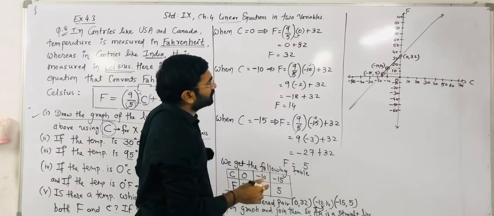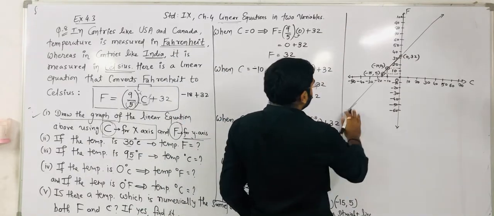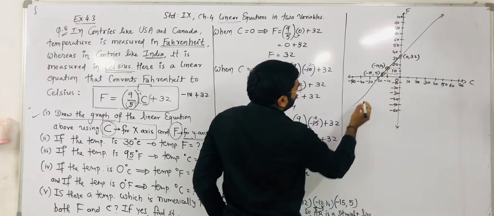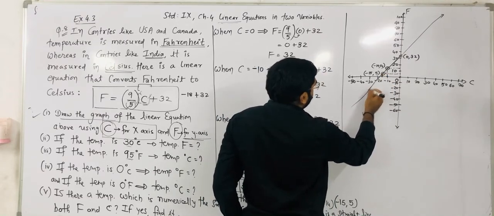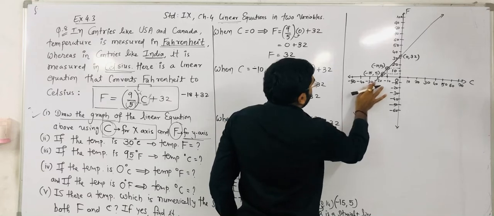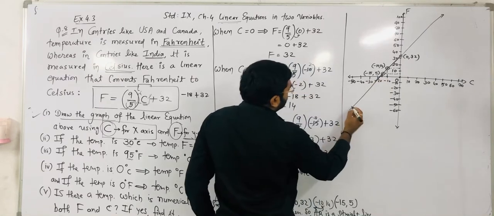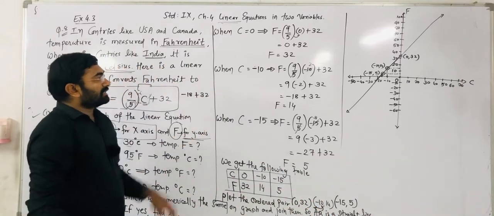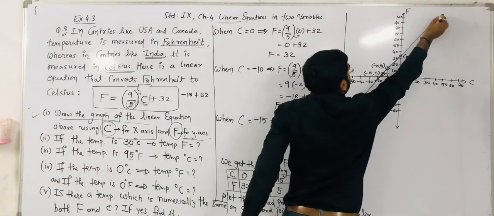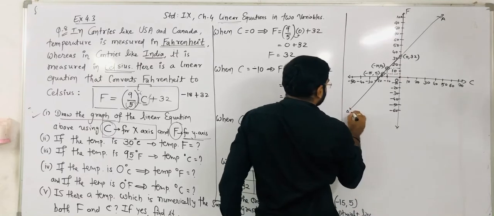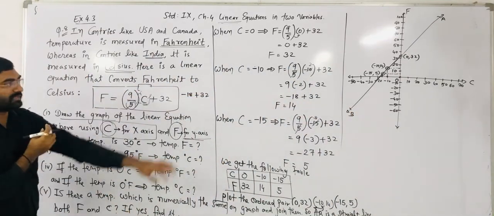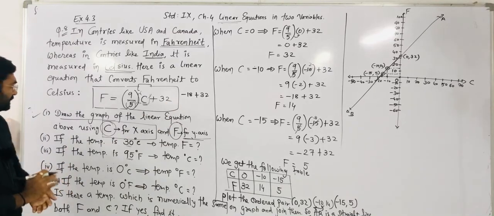Using the scale, you can draw the straight line. Okay. Now this is a graph. We can say this is line AB, which is the graph of the given Celsius and Fahrenheit linear equation. So that way you have to plot, right?